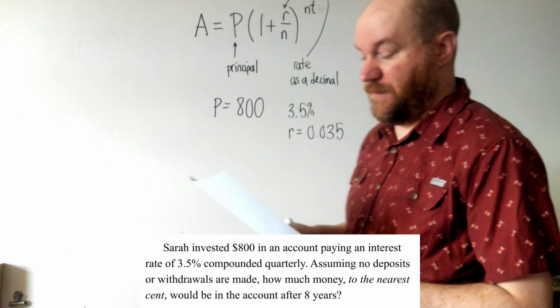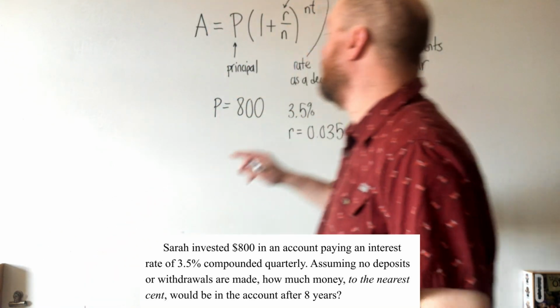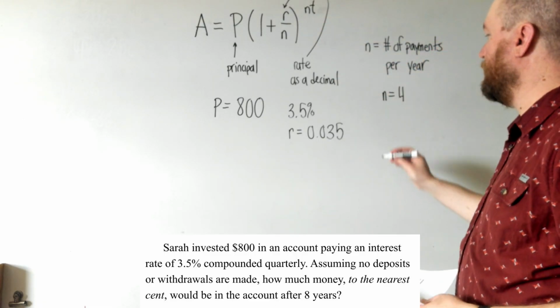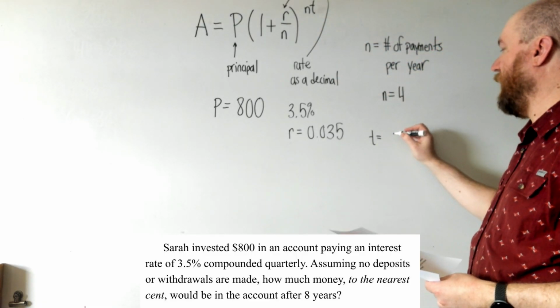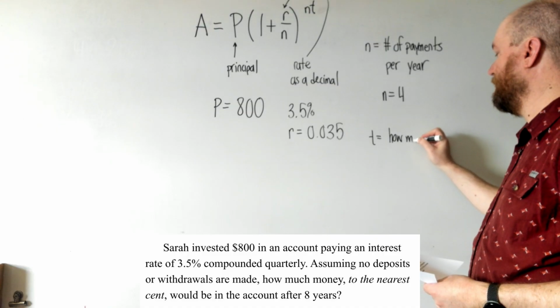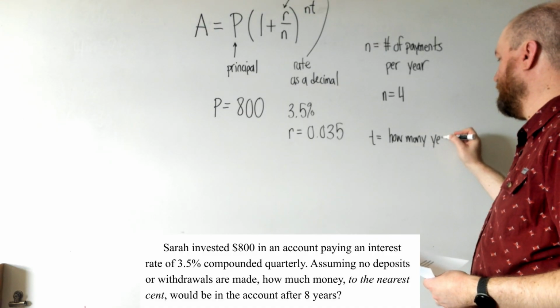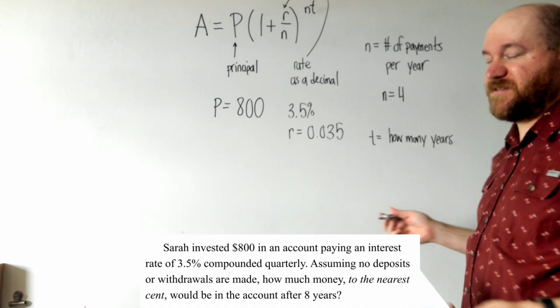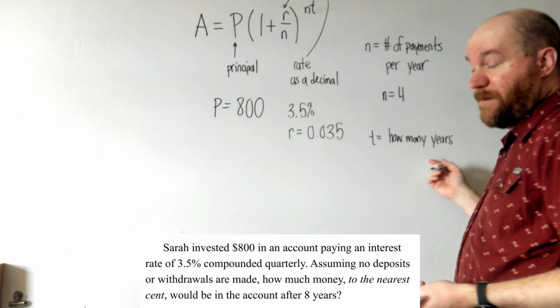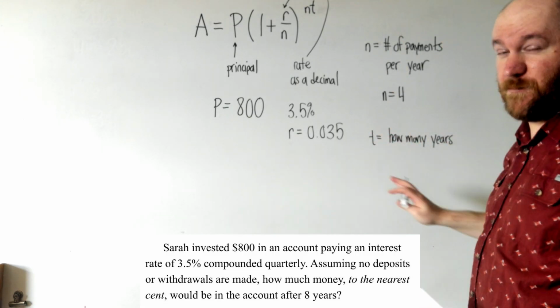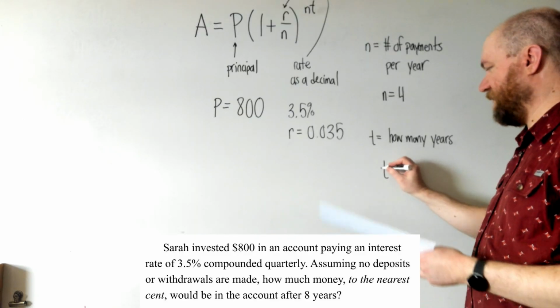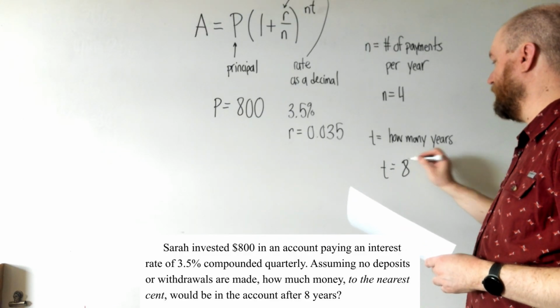And then finally, the last piece of information here is T. And T represents how many years. And in case you're wondering why it's T, well, T stands for time. But we always want to measure in years unless the question has some weird stuff going on. So in this case, T is 8 years.